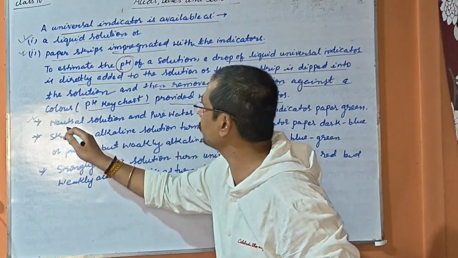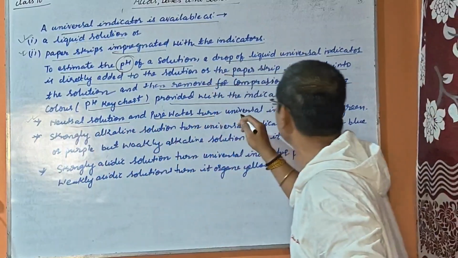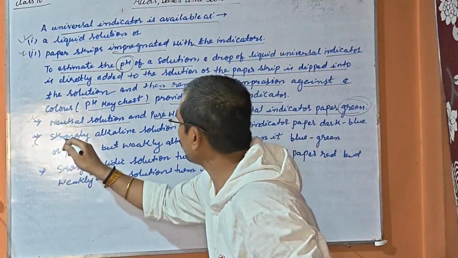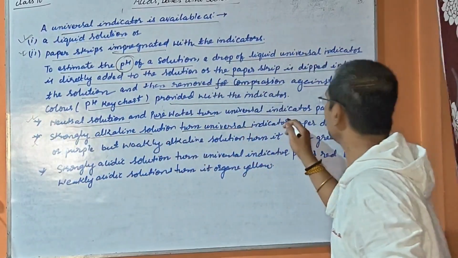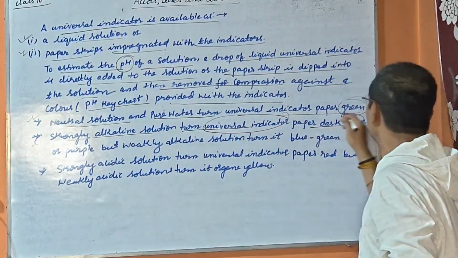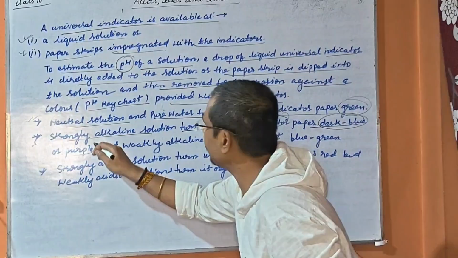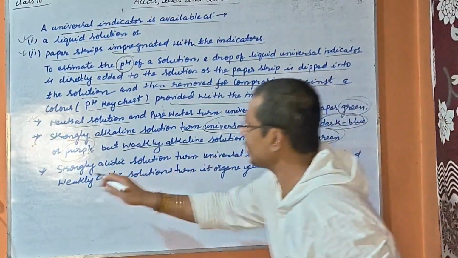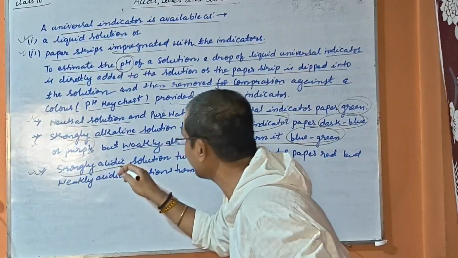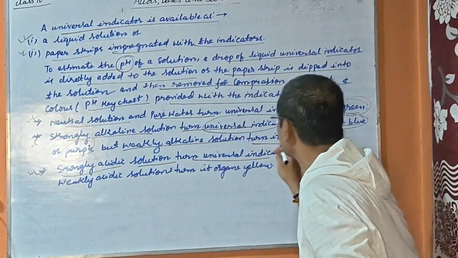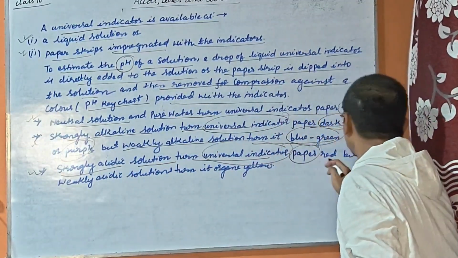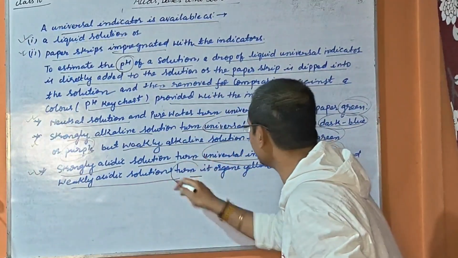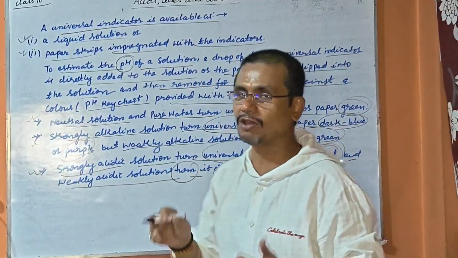First is the conclusion: neutral solution and pure water turn universal indicator paper green. Strongly alkaline solution turns it dark blue or purple, but weakly alkaline solution turns it blue green. And the last one, not the least: strongly acidic solution turns universal indicator paper red, but weakly acidic solution turns it orange yellow.